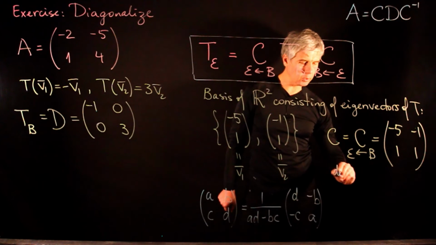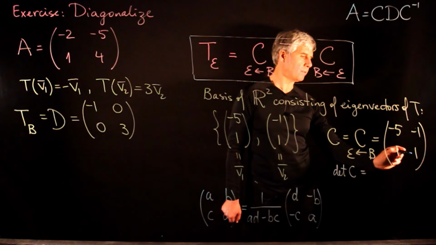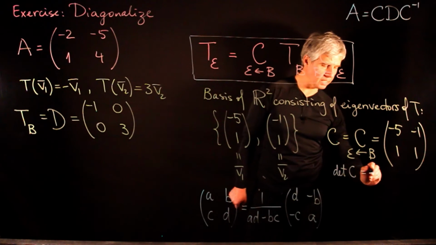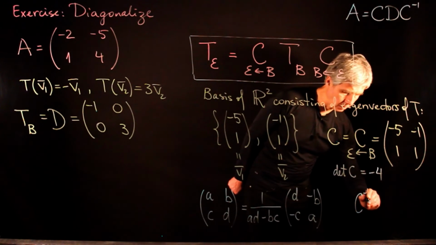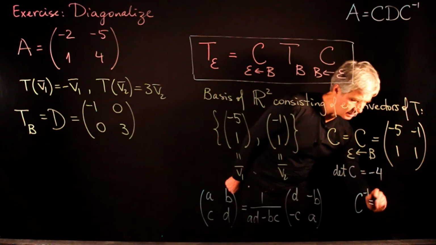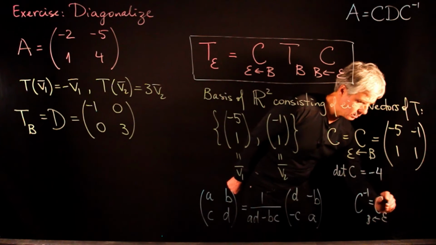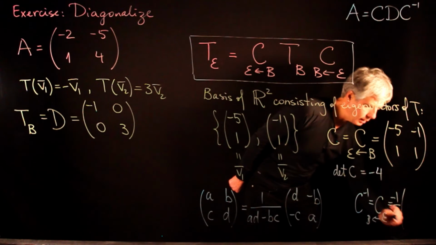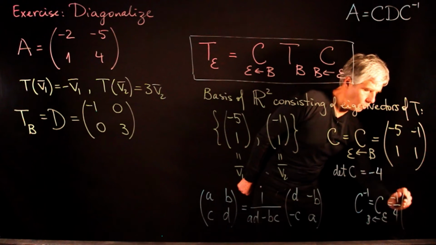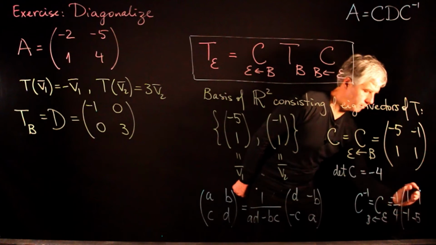So here the determinant of this matrix C is equal to minus 5 plus 1. So this is negative 4. So this tells us that the inverse of the matrix C, which is C E to B, is negative 1/4 times the matrix 1, 1, minus 1, minus 5.